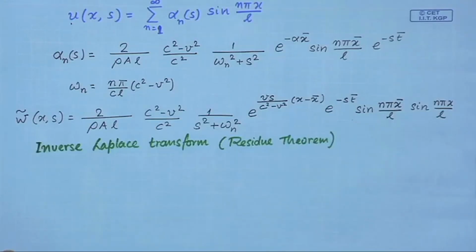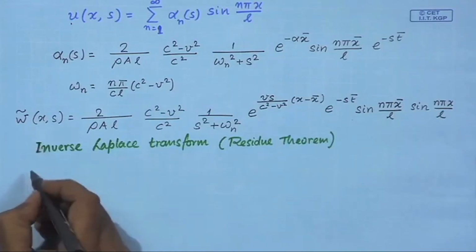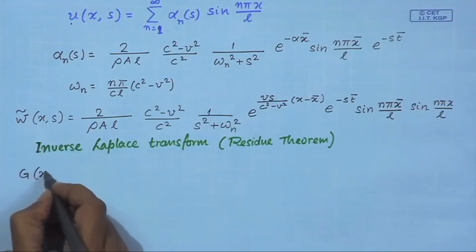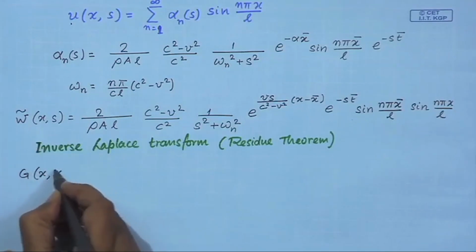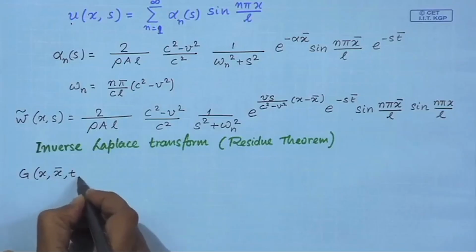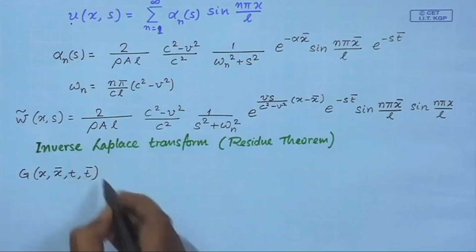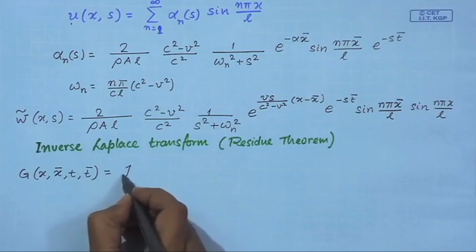if you do that, then this Green's function, so the solution is the Green's function, we can write this as follows.